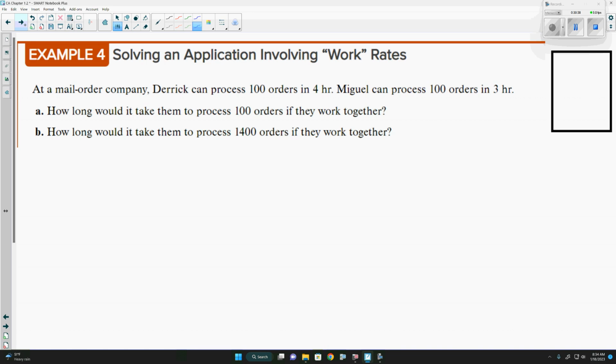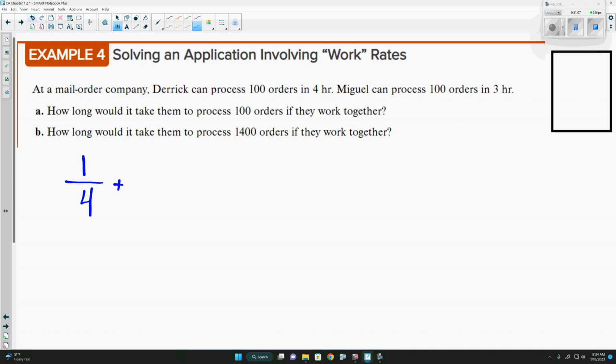But we can think of this as total amounts, because 100 orders in 4 hours. For them to process those 100 orders, we're really looking at 1 over 4, because it's one job. It's really tempting to use the 100 as part of the problem, but really for them to do one job, their main job is 100 orders, yes? So the overall part is 1/4.